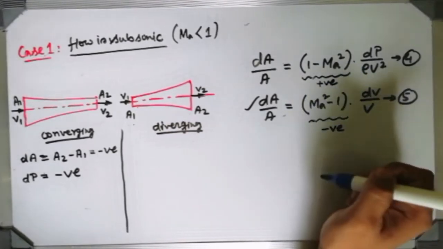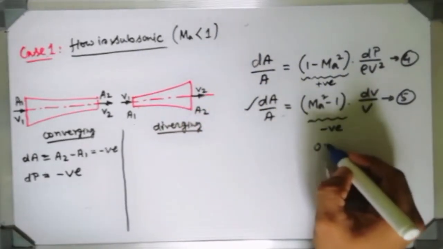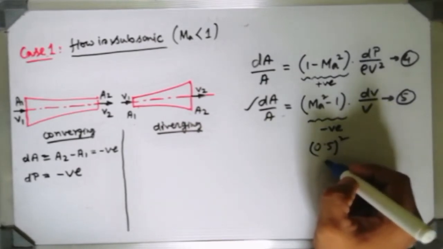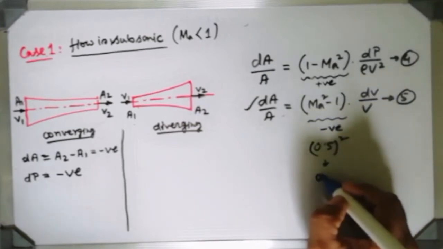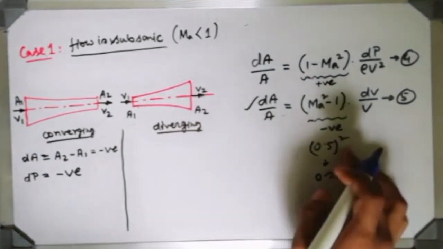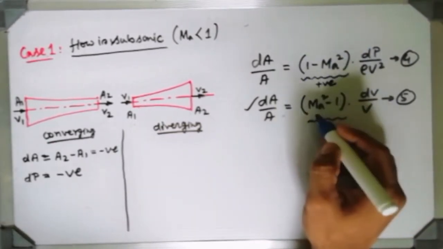Suppose it is 0.5, then 0.5 squared will go like 0.25. So as a result I can say that this parenthesis part will give you a negative value.